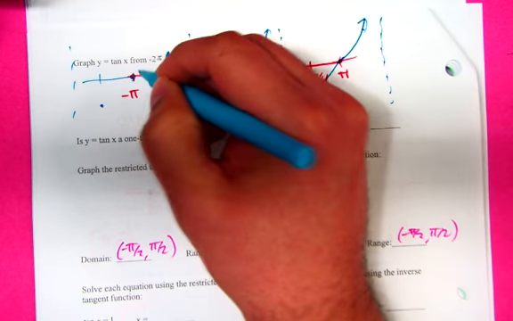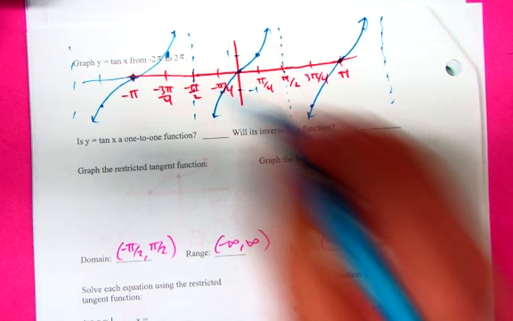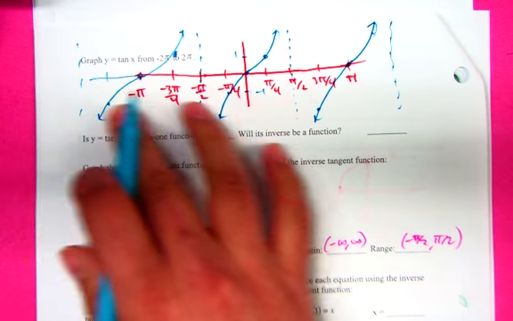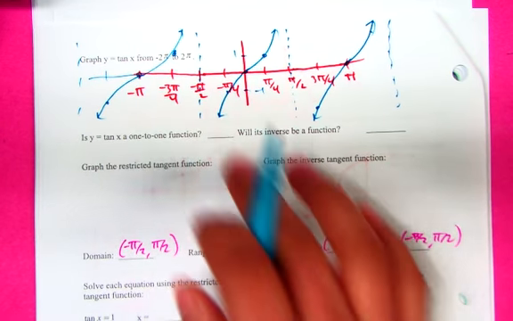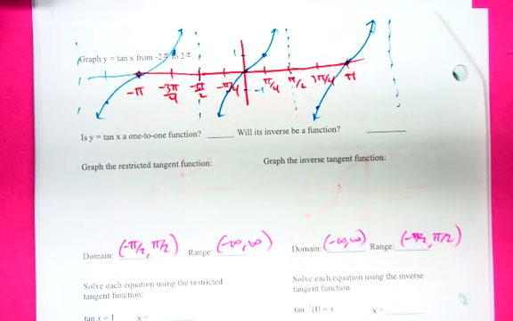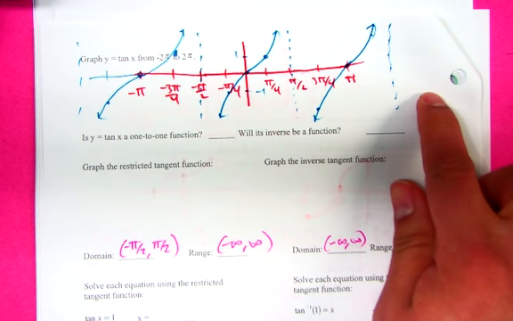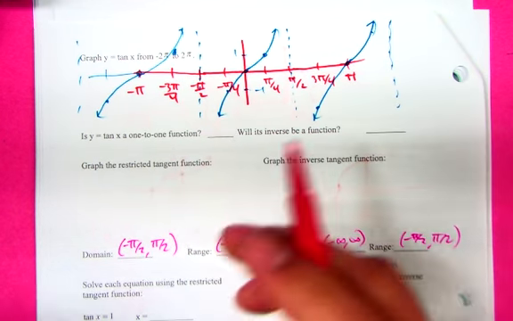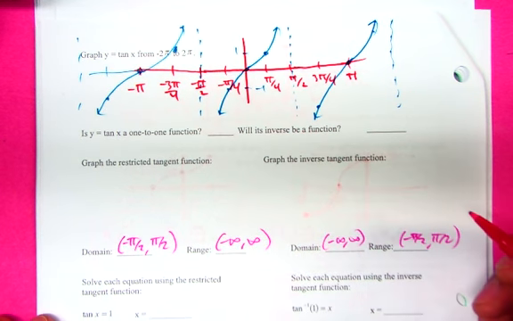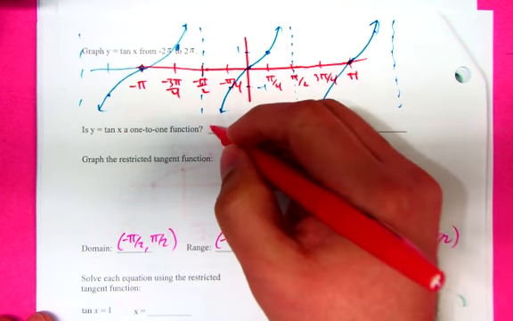I mean, there's several copies of this one section here. It's the same idea as before. If we look at the entire tangent graph, is it 1-to-1 right now? No.